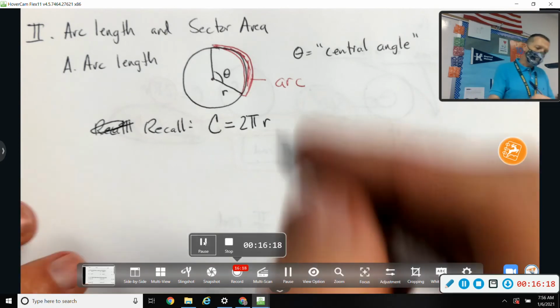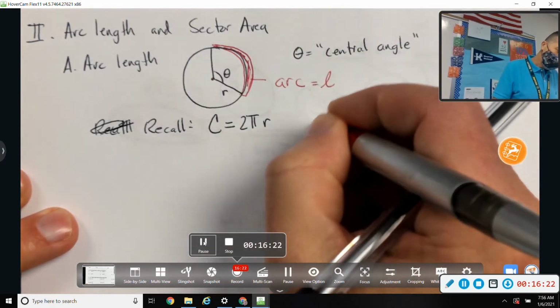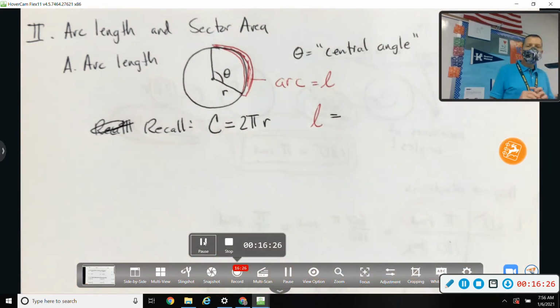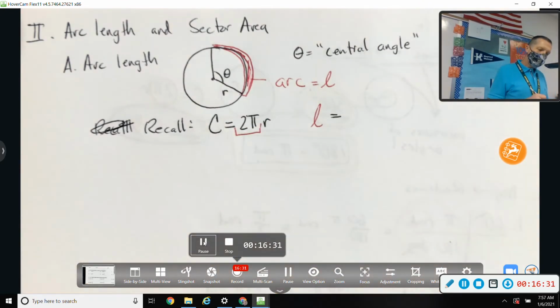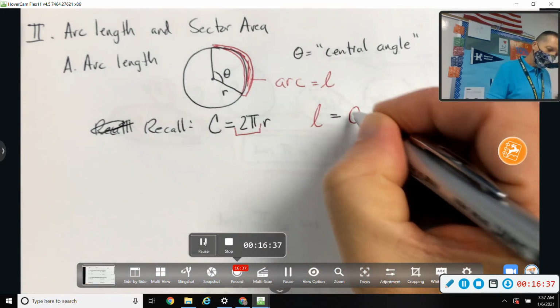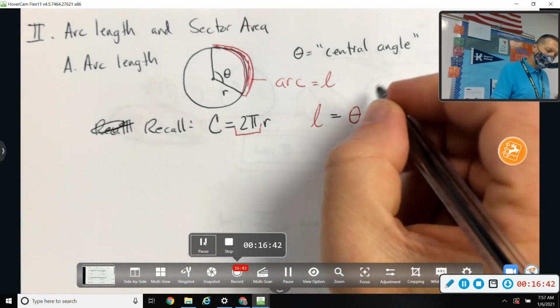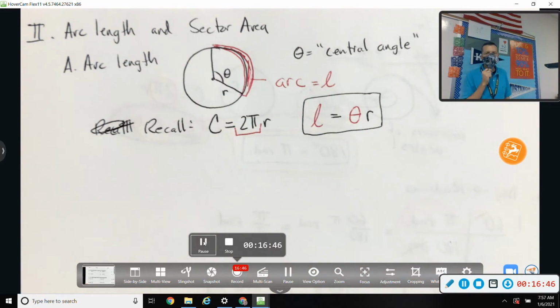But if we want a different arc length, if we call this L, well, 2 pi was all the way around the circle. It's the angle measurement all the way around the circle. So the arc length is however far we go around the circle times r. So the arc length is theta times r.